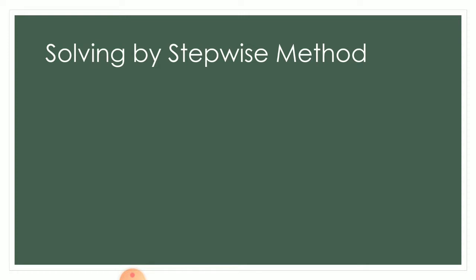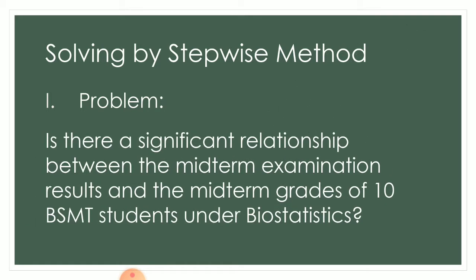Solving now by the stepwise method, first is to identify the problem. Is there a significant relationship between the midterm examination results and the midterm grades of 10 BSMT students under biostatistics? Then, formulate your hypothesis.